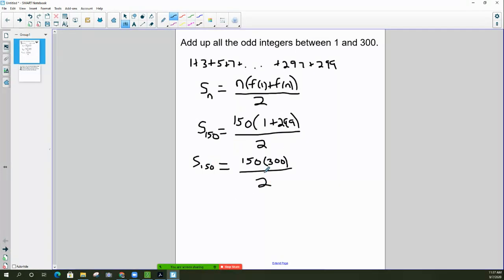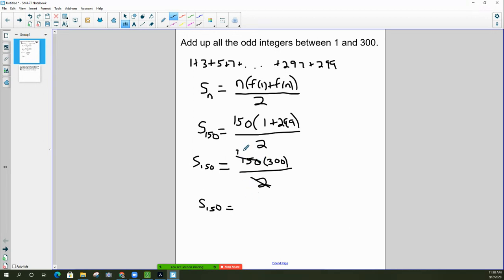Now, order of operations really doesn't matter. I could simplify first here. I can multiply, then simplify. Whatever I want to do. If I like making numbers small, I'm going to simplify. 2 goes into 150, 75 times.